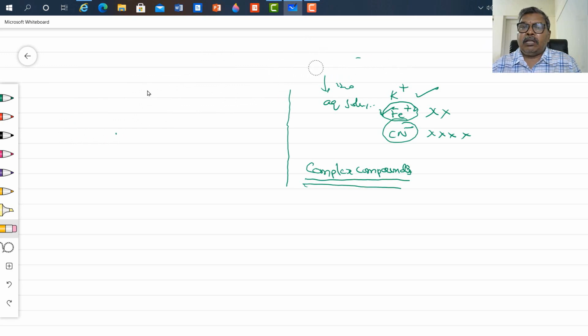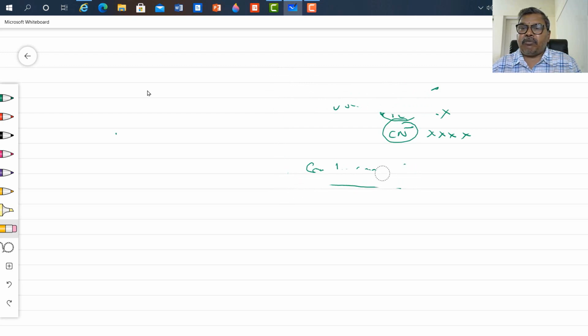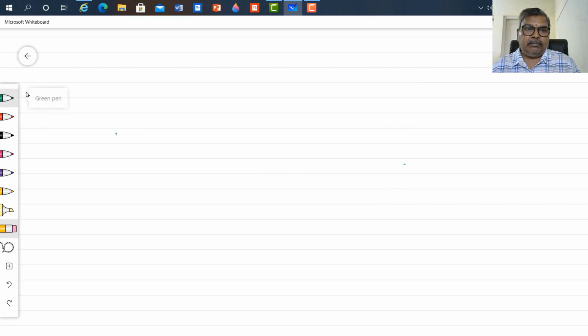and he prepared cobalt 3 chloride complexes with ammonia, and from the observations of these complexes, he proposed a theory called Werner's coordination theory. The name of the theory: Werner's coordination theory.